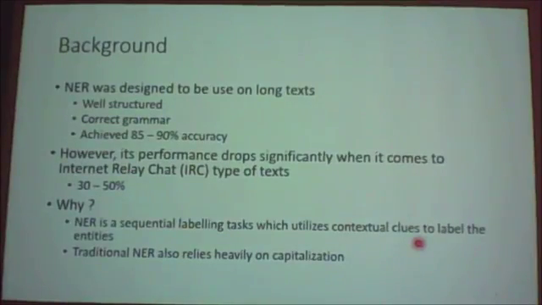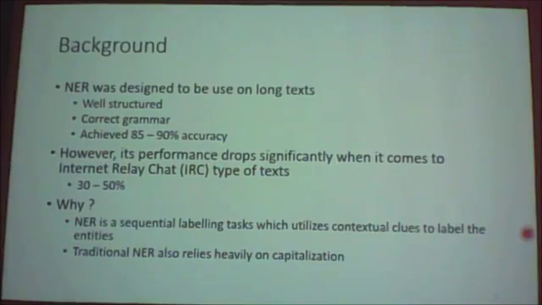Then the background of the NER. In the old days, traditional NER systems were designed for long text like documents, articles, books, and other different kinds of articles. And these documents are all well structured, have good grammar, and have a proper use of capitalization.